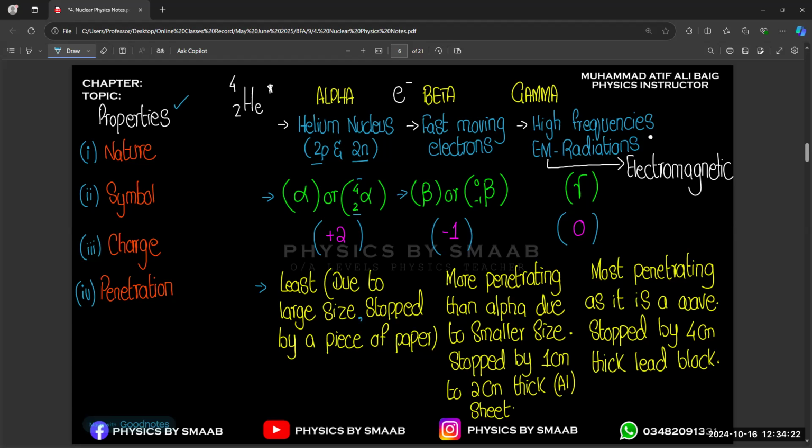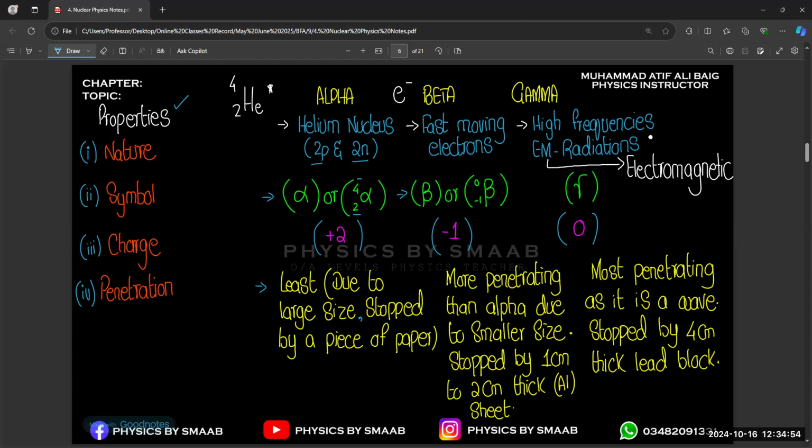For example, if you have a simple piece of paper and you strike alpha on it, just like if you remember the Rutherford experiment. In the Rutherford experiment, we considered gold foil, right? That's why we considered gold foil over there, because gold foil is thinner than paper. Just as aluminium foil is thinner than paper, gold foil is also thinner than paper.